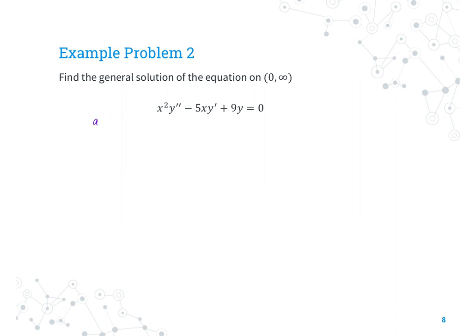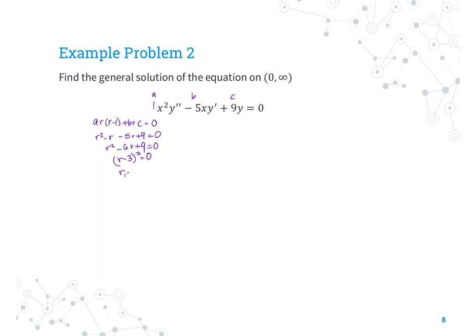So we know that our indicial equation, ar times r minus 1 plus br plus c equals 0, comes into play here. We also know that we have a is 1, b is -5, and c is 9. So we really have r squared minus r minus 5r plus 9 equals 0, or r squared minus 6r plus 9 equals 0, or r minus 3 quantity squared equals 0.